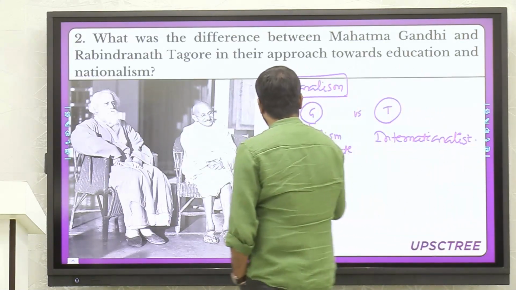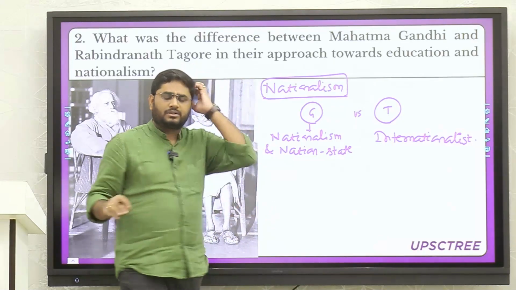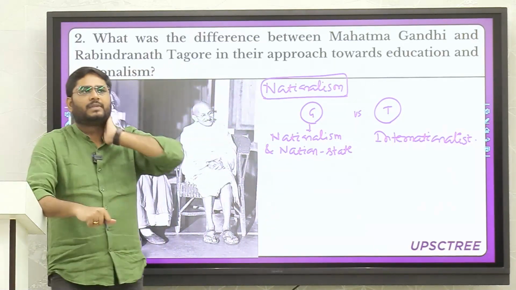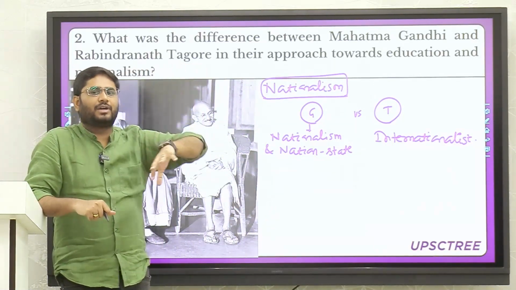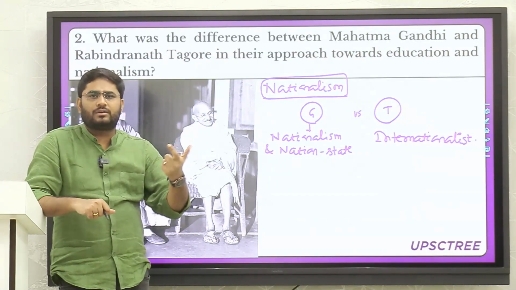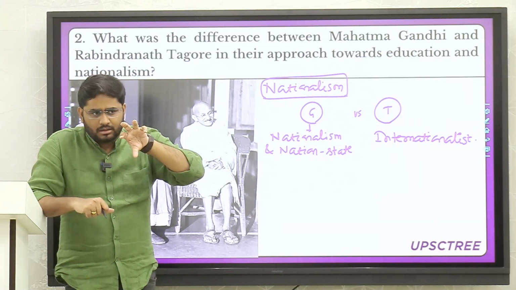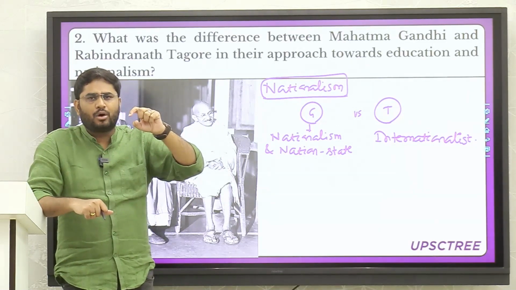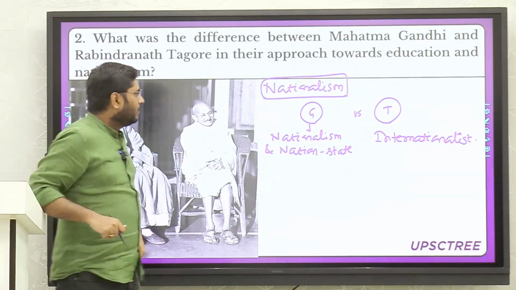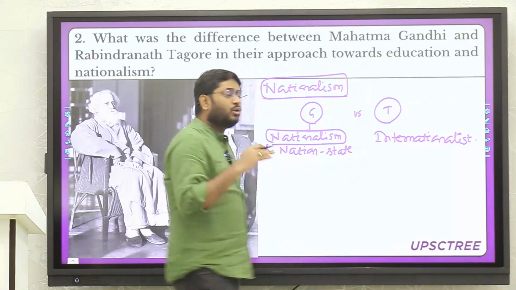What does this mean? While Gandhi is talking about "Saare jahan se accha Hindustan hamara", nationalism is the exclusion of certain groups of people, and nationalism is born out of geography as well. So it's very narrow, very exclusivist.